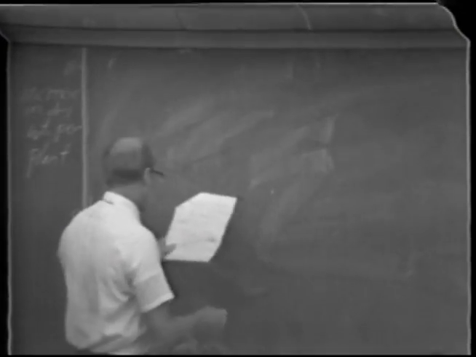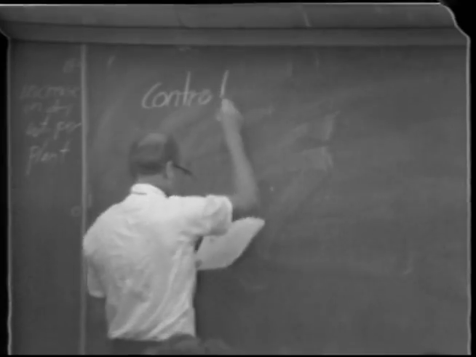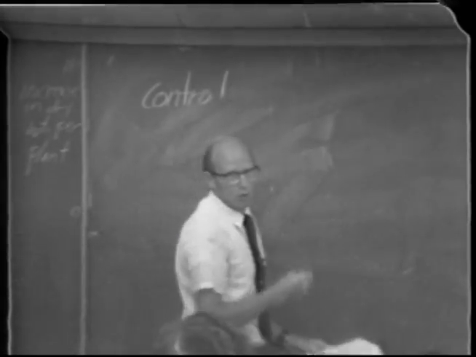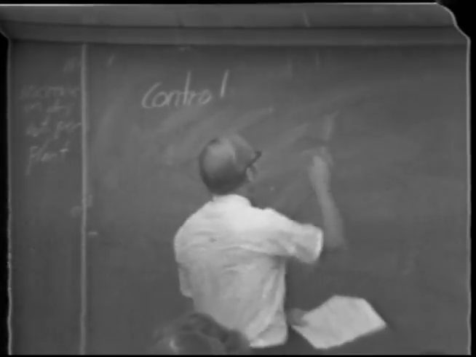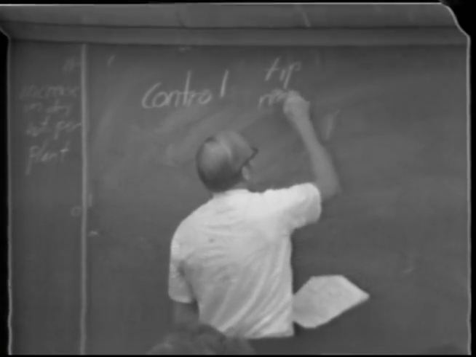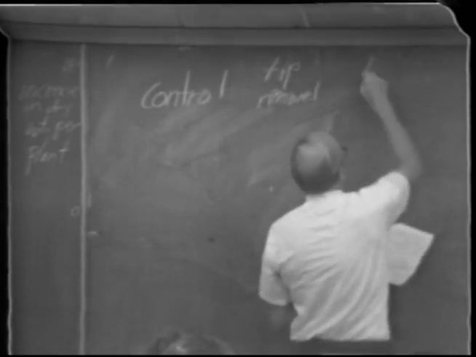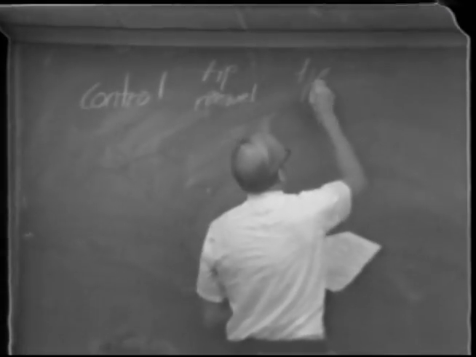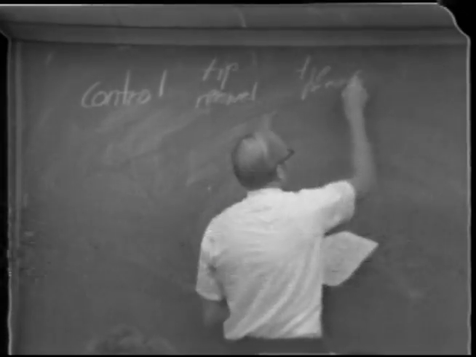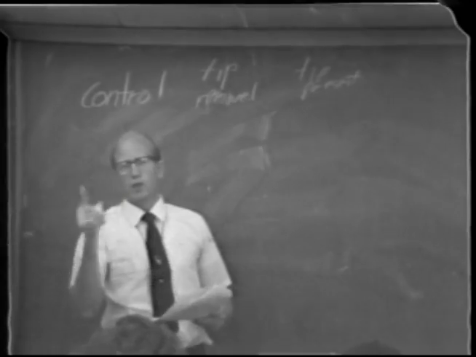And this can be illustrated by these data. The control, where there was nothing done to the shoot. Another one where the tip was removed, so you removed a small sink. Tip of shoot removed. Another one where the tip is present, but the stem has been girdled, or a little ring put around it.